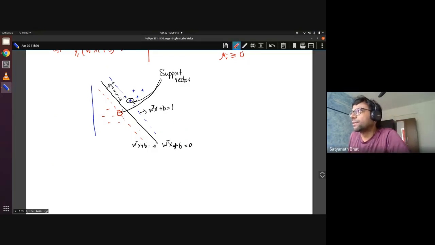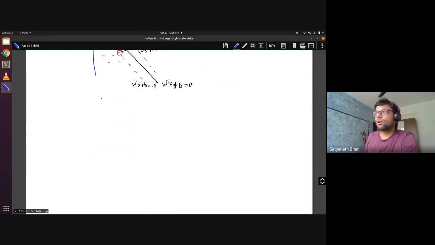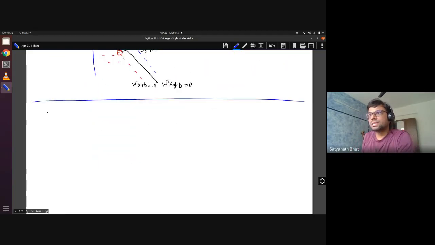But suppose my data points are such that there is one negative point here and one positive point somewhere here. Let me not mess up this figure. Instead of writing hard margin SVM, let me talk about soft margin SVM.